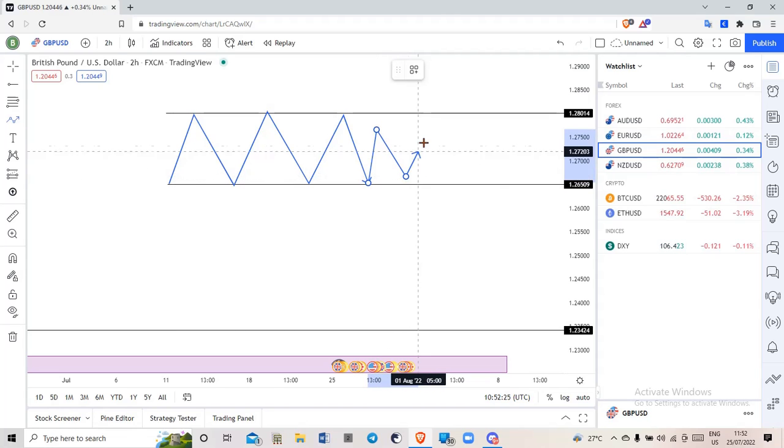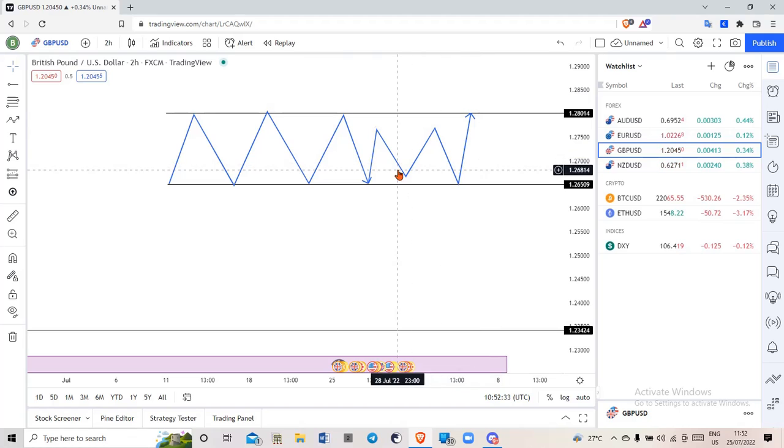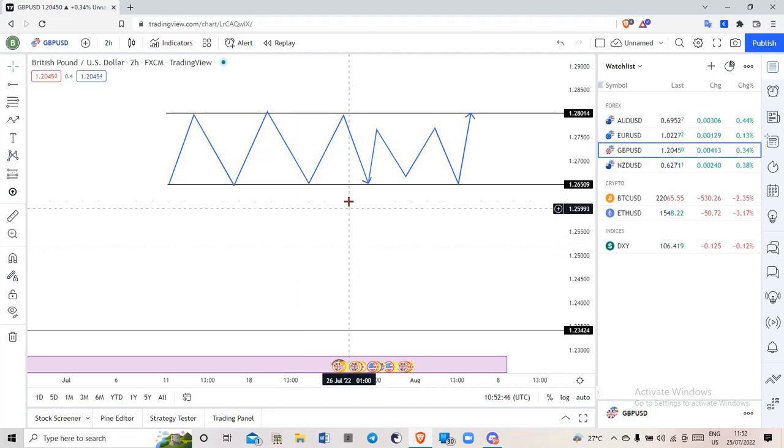The most important thing is that it has a specific range. That is how you identify a ranging market: it touches the top at least two or three times, and then the bottom, and you have to mark those parts.